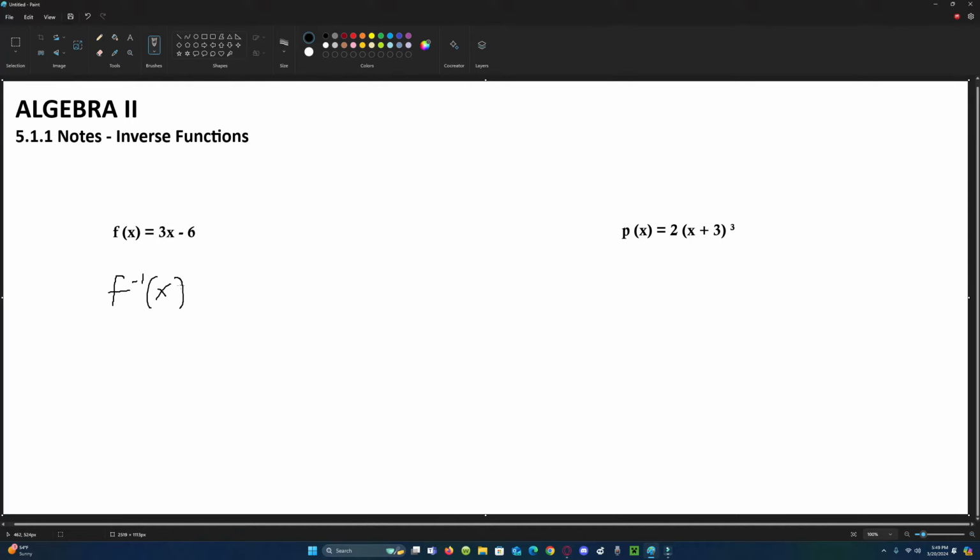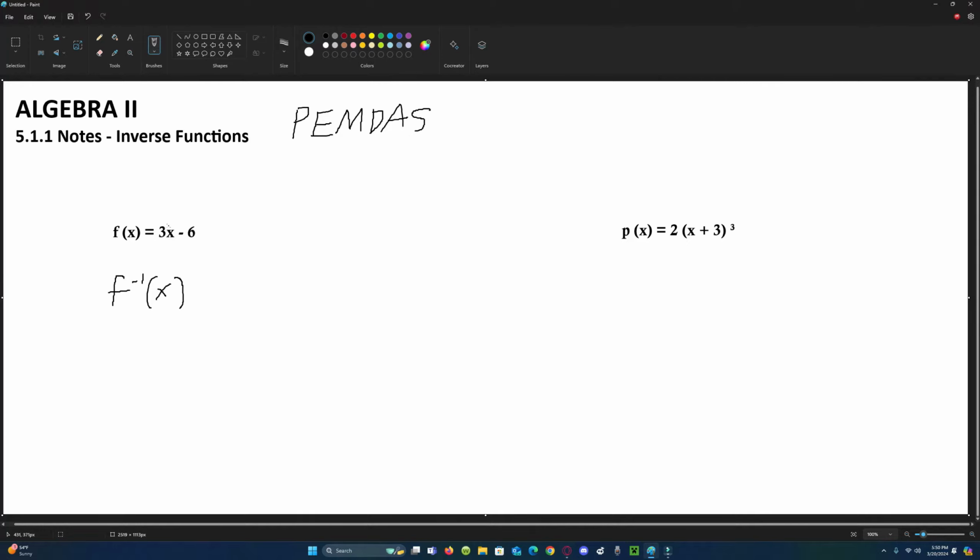Now, in order to solve this problem, we have to go back to a little something called PEMDAS. So I'm sure that we all know what PEMDAS is. It is the algebraic way to solve problems. You start with parentheses, then exponents, multiplication, division, addition, subtraction.